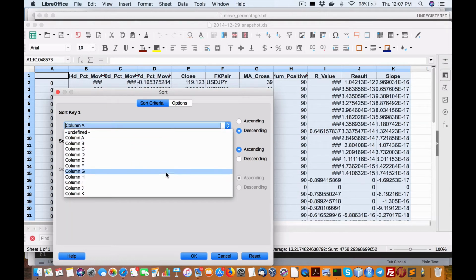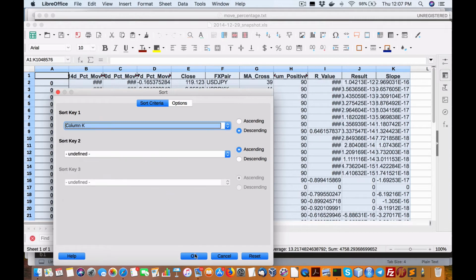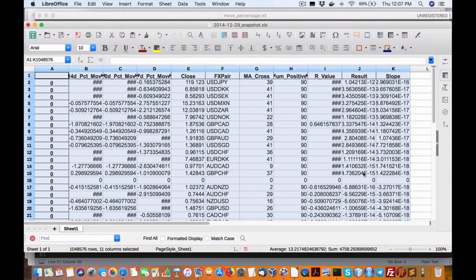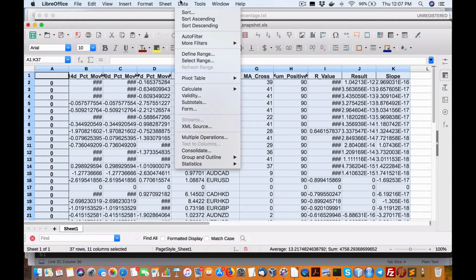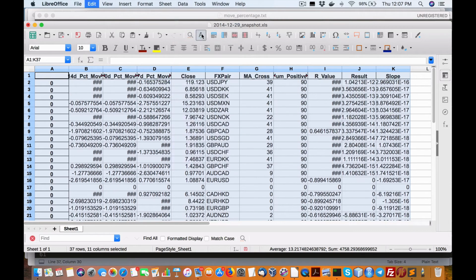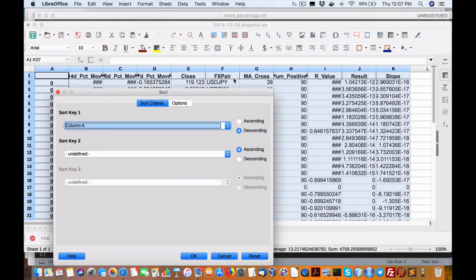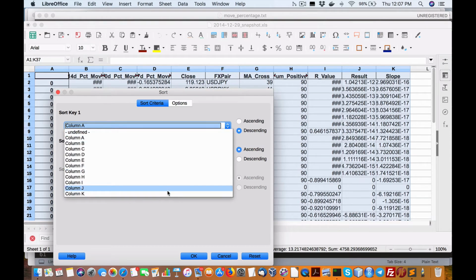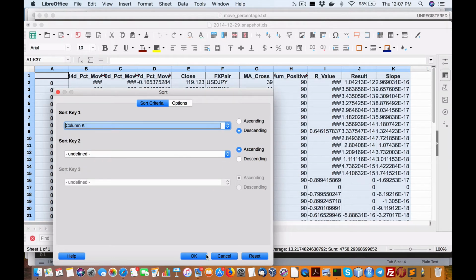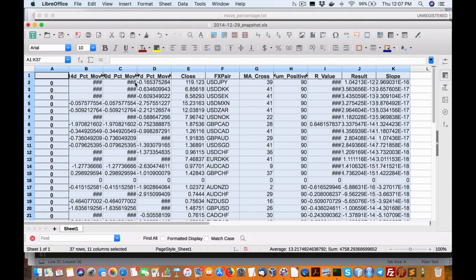Do column K here, I've shown this before. Again, slope, actually we want descending. Okay, so we want K, descending. So this is the order that we're dealing with.